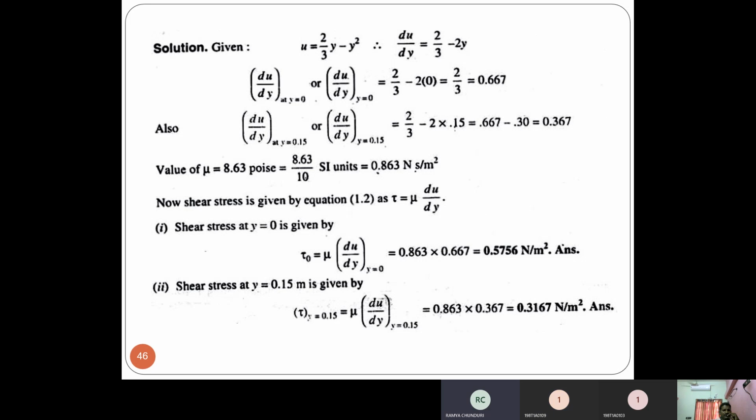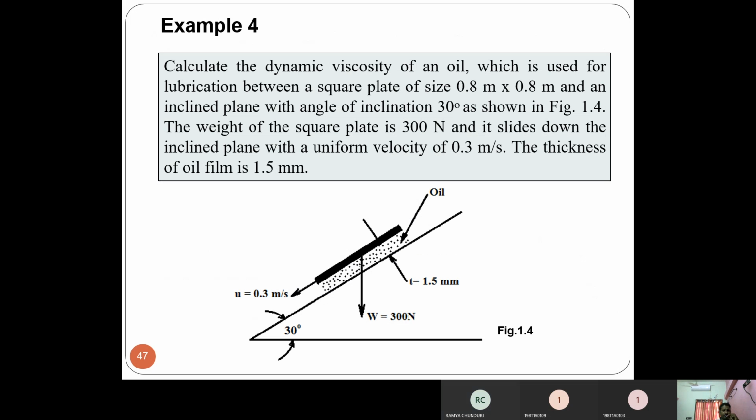Substitute mu value 0.863 and du by dy value 0.367. If we simplify it, we will get 0.3167 Newton per meter square. In this way, we have to solve the shear stress.